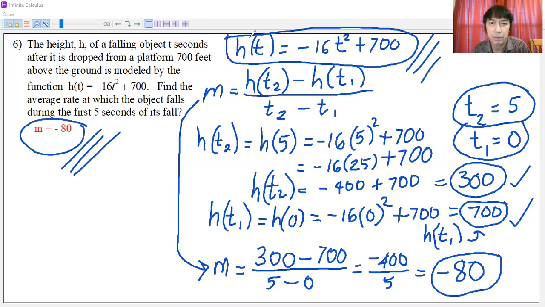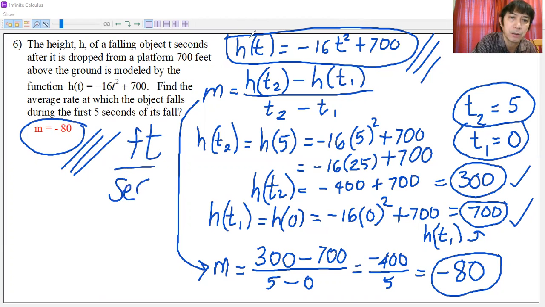The h here stands for the height, which is in feet, and the 5 and the 0 stand for the seconds. So this is negative 80 feet per second. Remember, we're using physical objects here. That completes our number 6.